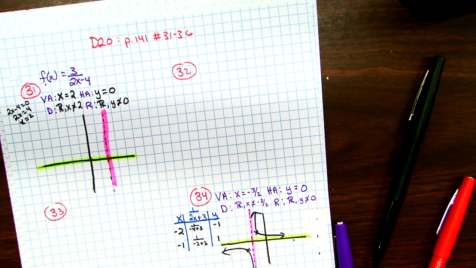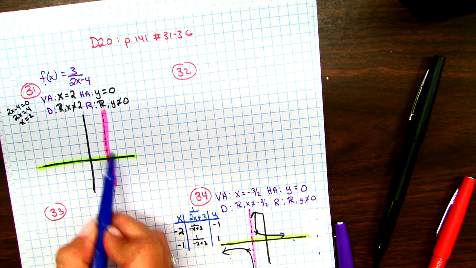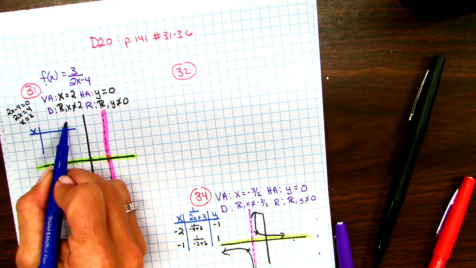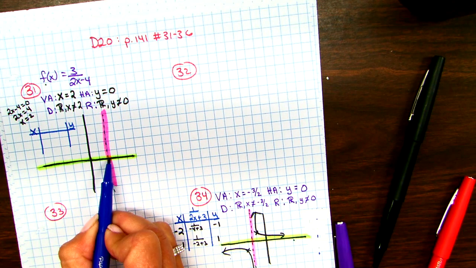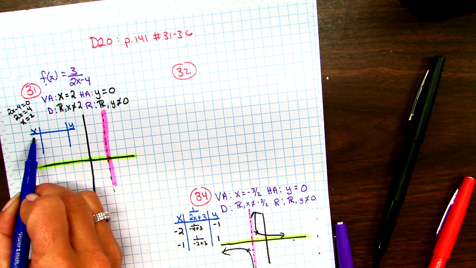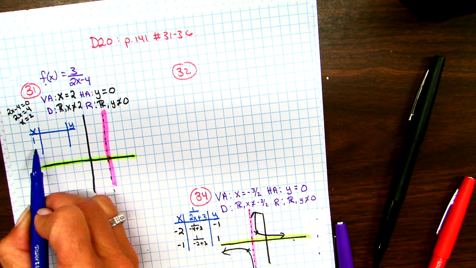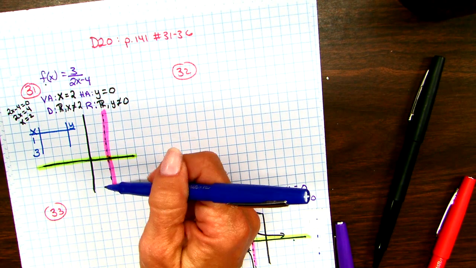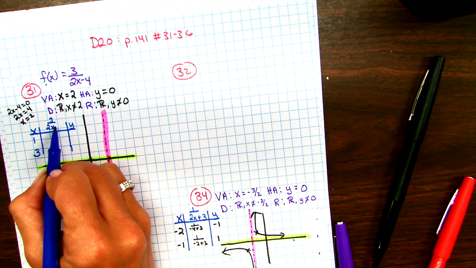Now we will pick a point to the left and to the right of the vertical asymptote and put it in our XY chart. So my vertical asymptote is at positive 2, so I'm going to use positive 1, that's to the left of it, and then to the right of it would be 3. I'm just picking the number on either side of that VA, and I'm plugging it right in to the equation.